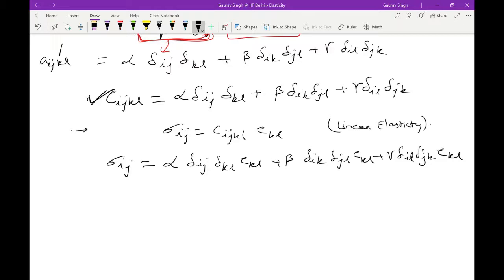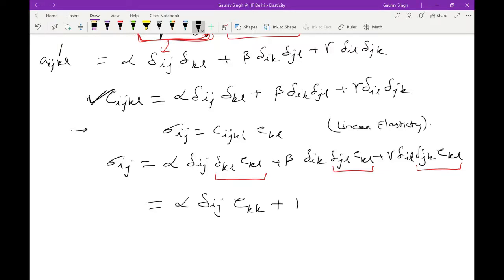Okay, so now let's look at this term, and this term. Let's go one step at a time. For this to be true, for non-zero terms, L has to be equal to K. So we'll just write it as EKK.